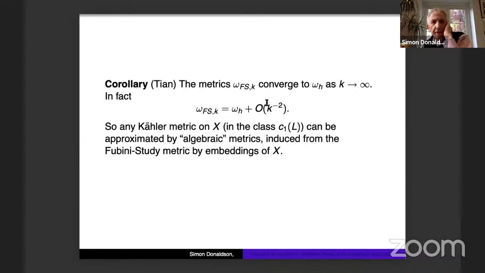And in fact, the two metrics differ by order k to the minus 2. So this tells us that any Kahler metric on our manifold, at least in this given class, the first Chern class of the line bundle, can be approximated arbitrarily well by algebraic metrics induced by embeddings of X and restrictions of the Fubini-Study metric.